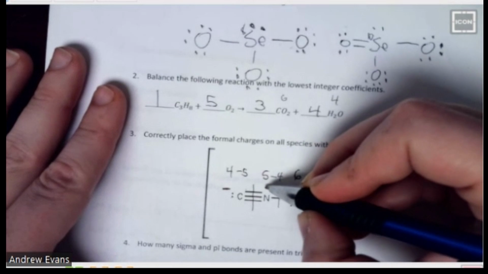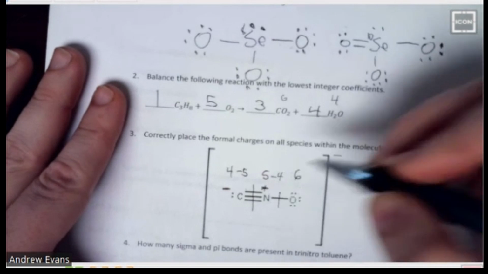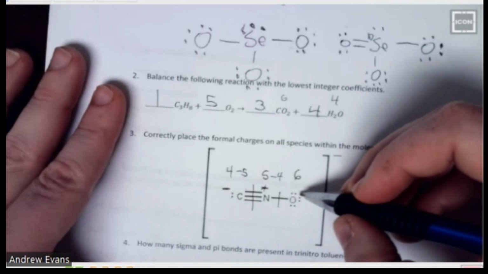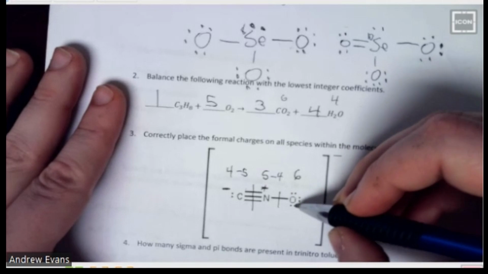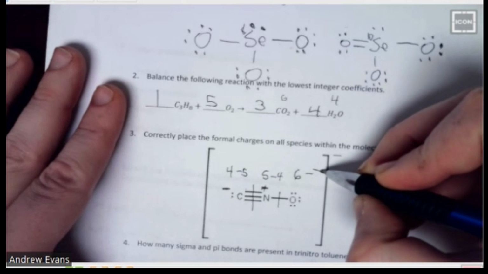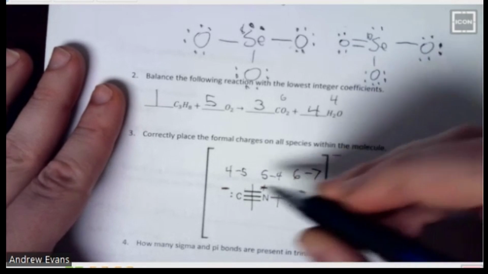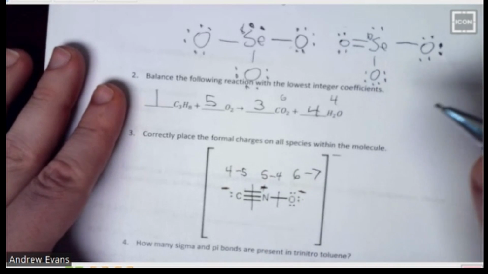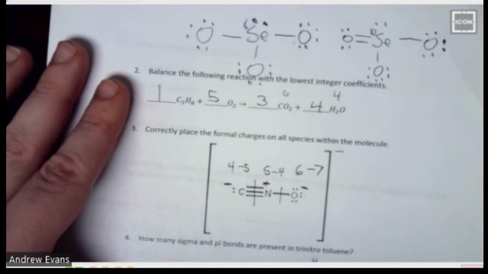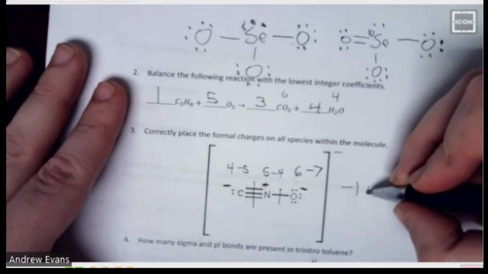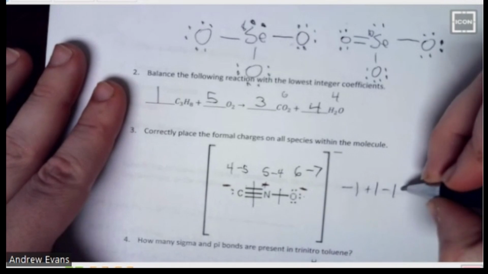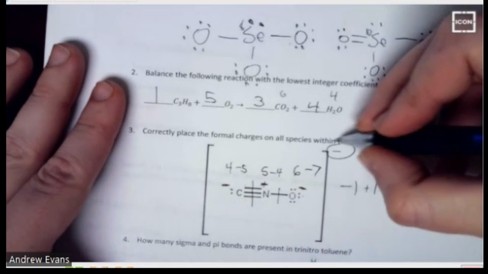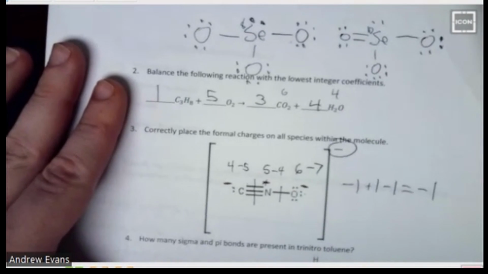It experiences a +1 formal charge. Oxygen is group 6. It sees 1, 2, 3, 4, 5, 6, 7. So the formal charges are negative, positive, negative. And -1 plus +1 minus 1, net formal charge of -1. Those should match up.